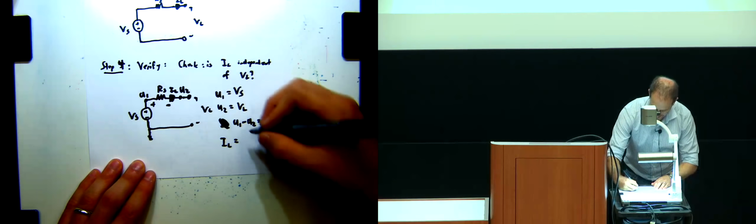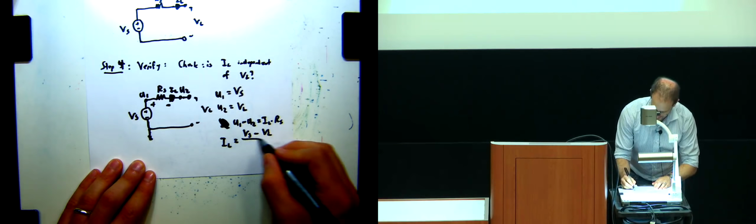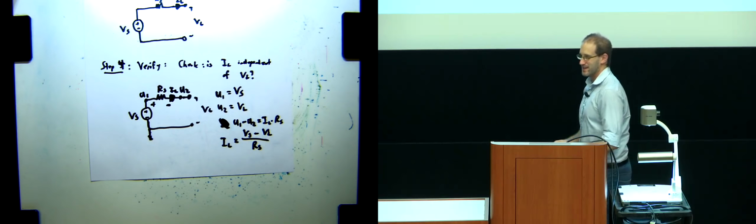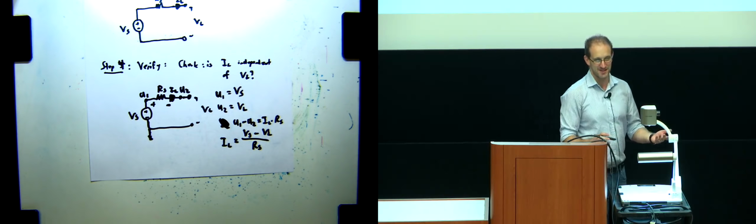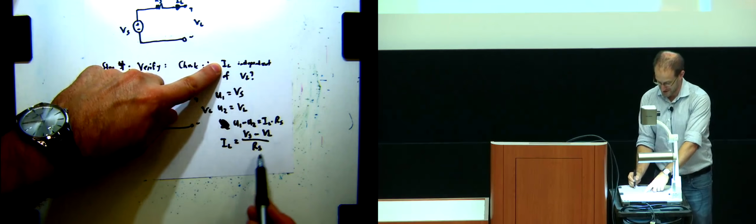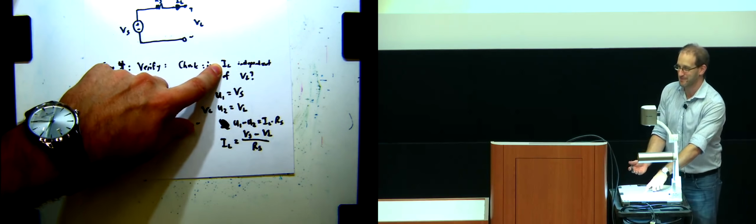So this says that IL is equal to VS, which is U1, minus VL, which is U2, divided by RS. Okay, so now this is where it should hopefully be, once again, obvious. This doesn't work. Why? Because IL certainly is not independent of VL. If you change VL, IL will change.